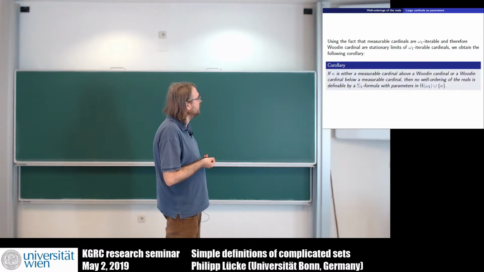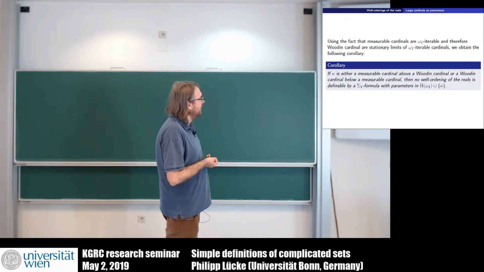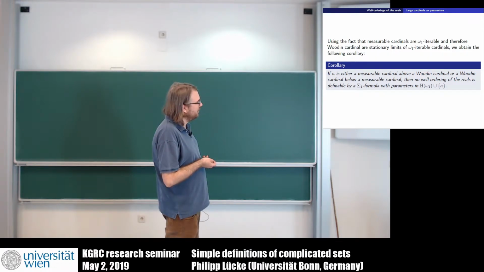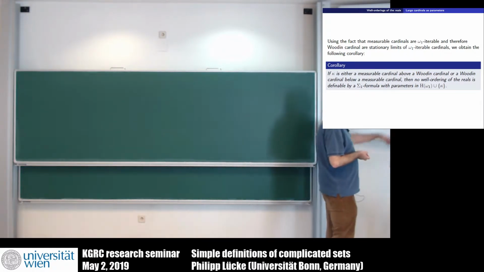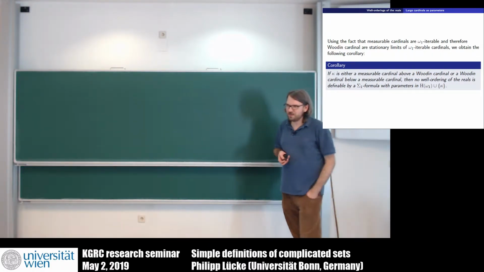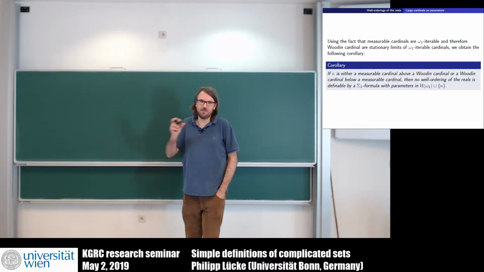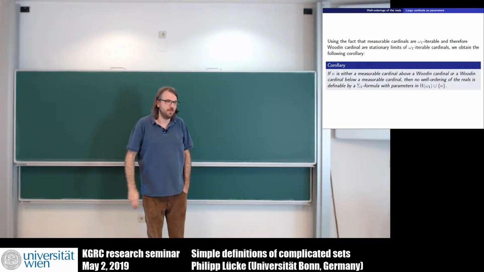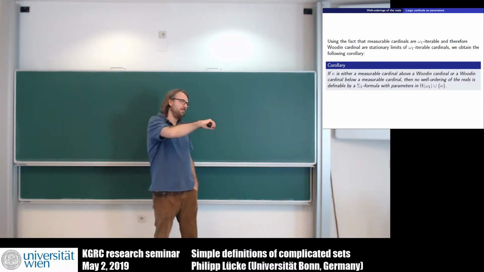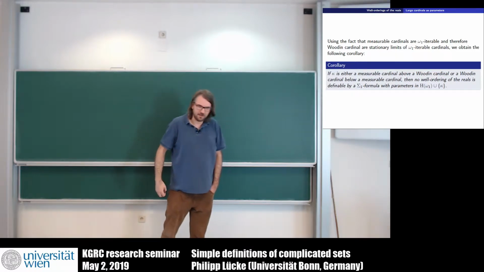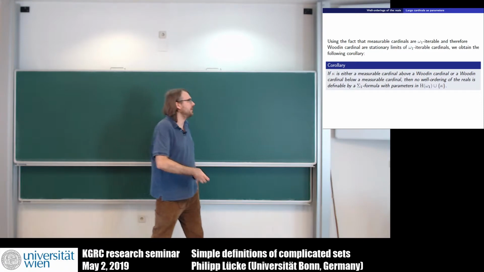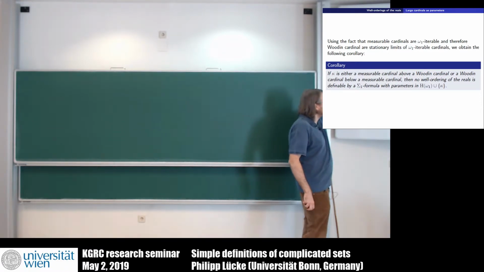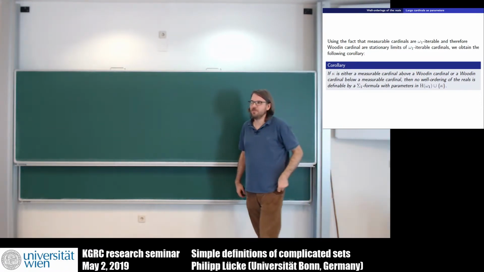So what we get, for example, is that if kappa is either a measurable cardinal above a Woodin cardinal or a Woodin cardinal below a measurable cardinal, then no well-ordering of the reals is definable in the Sigma 1 way with reals and this cardinal as a parameter. And this is just because this result about iterable cardinals says that such a well-ordering would be Sigma^1_3, and since the cardinal is actually much larger, there are no Sigma^1_3 well-orderings.